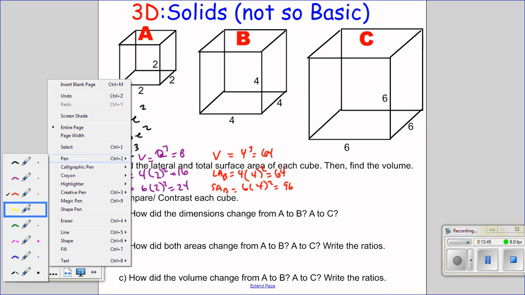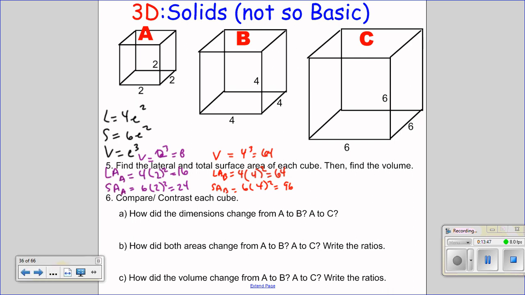And lastly, for cube C, the lateral would be 4 times 6 squared. 6 squared is 36. 36 times 4 is 144.